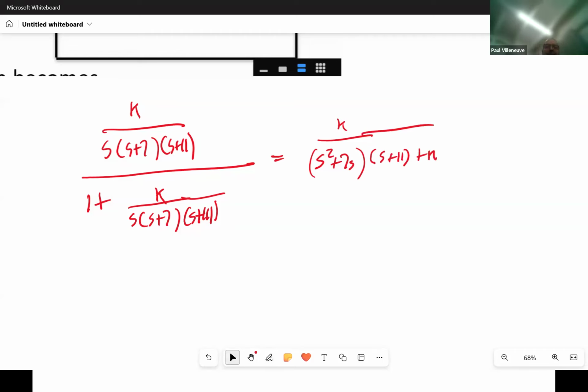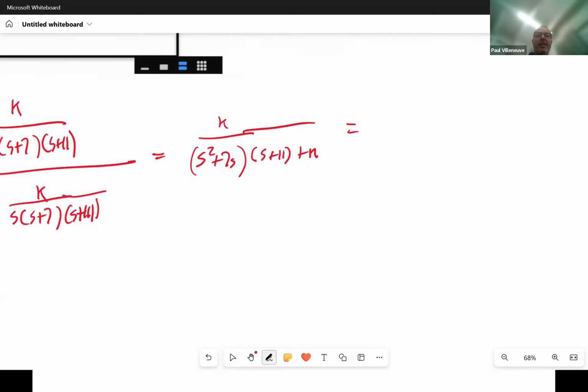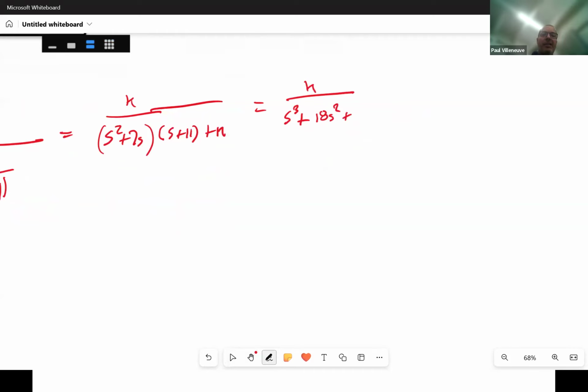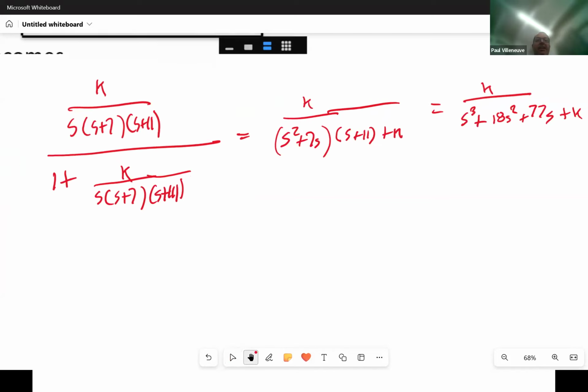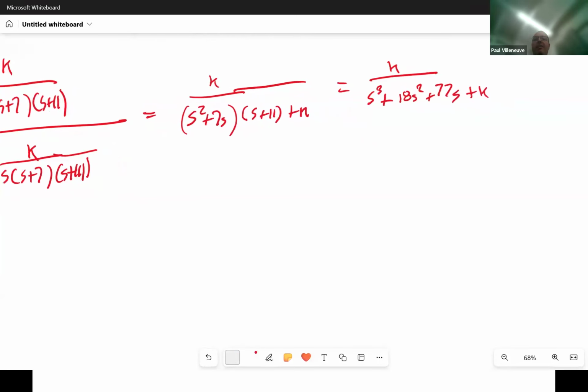I'm going to FOIL that. So I have K over s cubed plus 7s times s is 7s squared, plus 11s squared, 18s squared, plus 77s, plus K. That's the transfer function that I end up with.